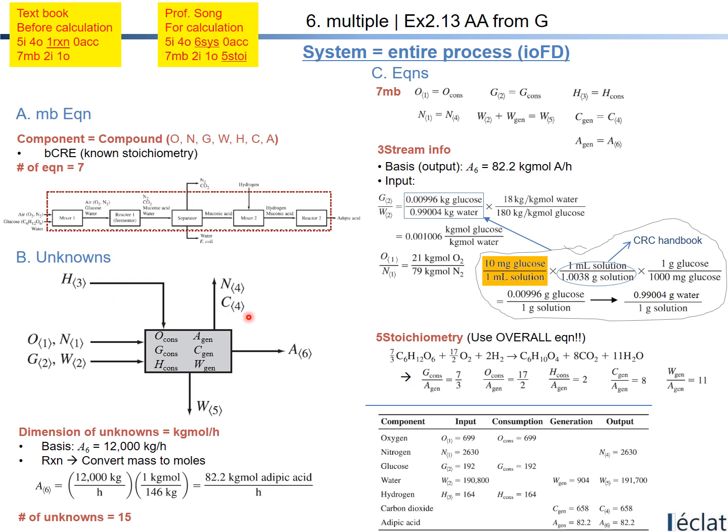Also, we have three different output streams: adipic acid, A; nitrogen and carbon dioxide from here; and the E. coli solution in water here. I don't want to think about the E. coli mass here because it is not considered a variable in this case.